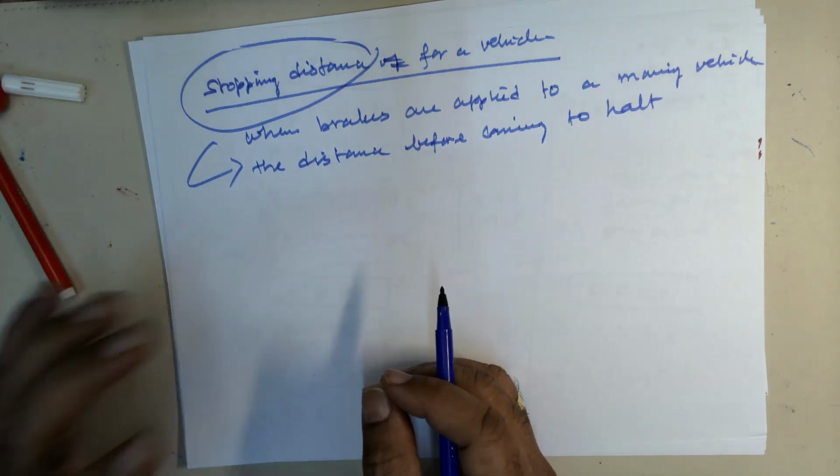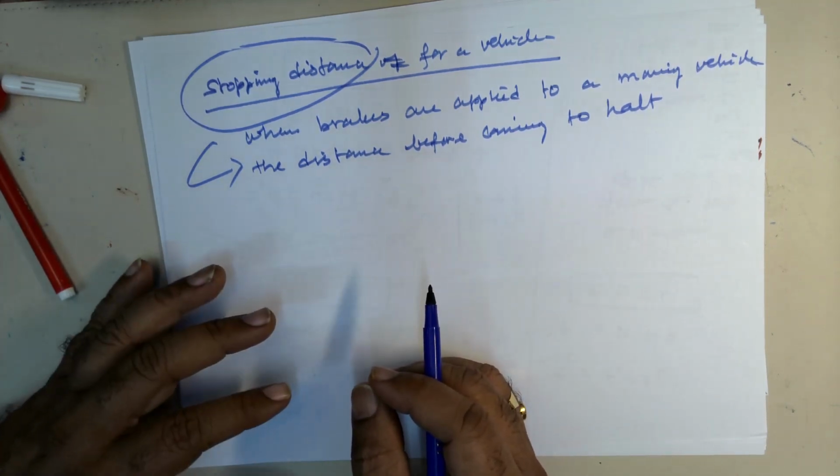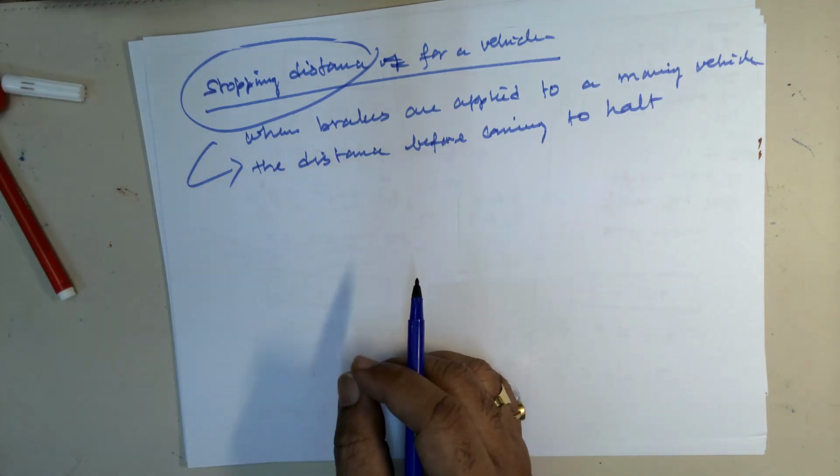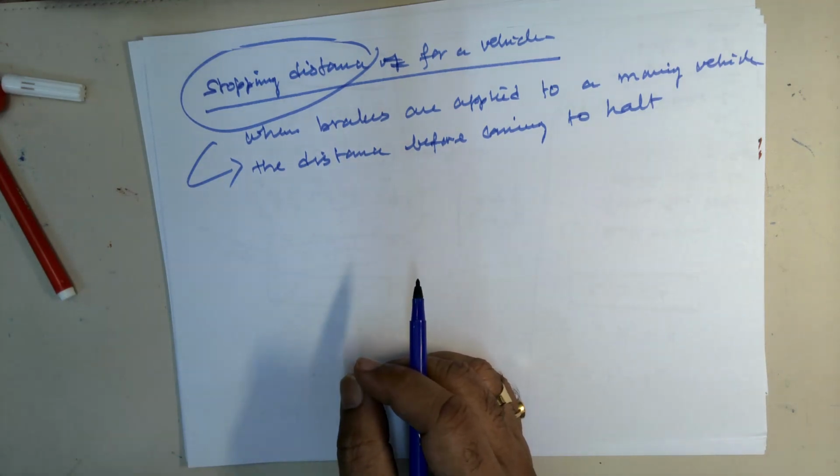Okay. In fact, this is a very important factor for road safety. And this value depends upon the speed of the vehicle and the efficiency of the brake system.